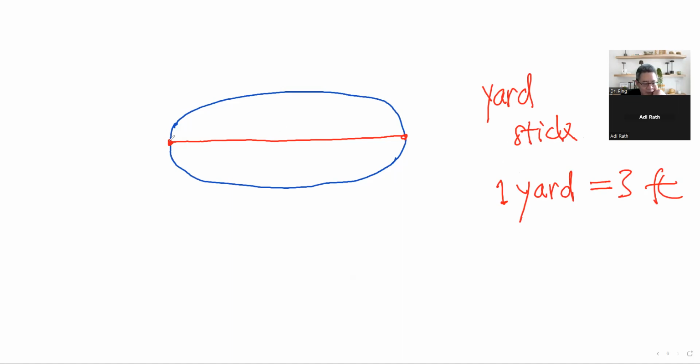Well, we're going to use the idea of similar triangles. So we're going to put something here, maybe just 2 sticks, on either side, and we are going to make 2 triangles.